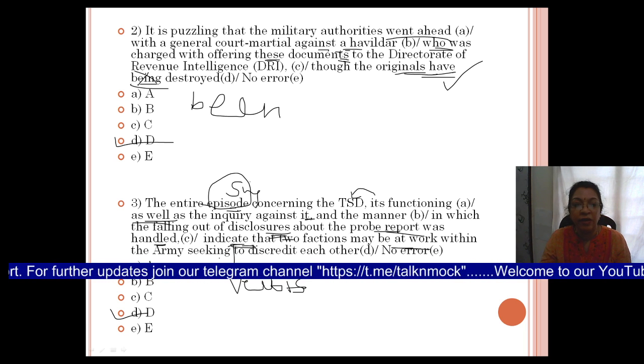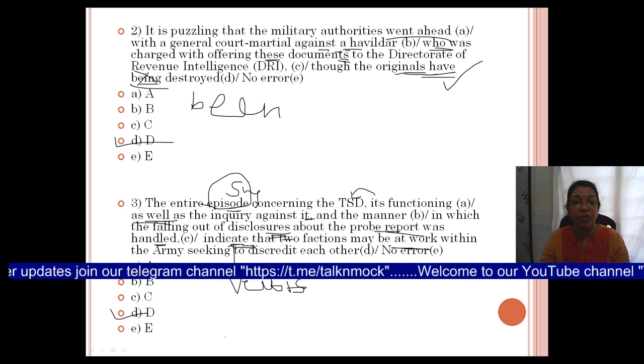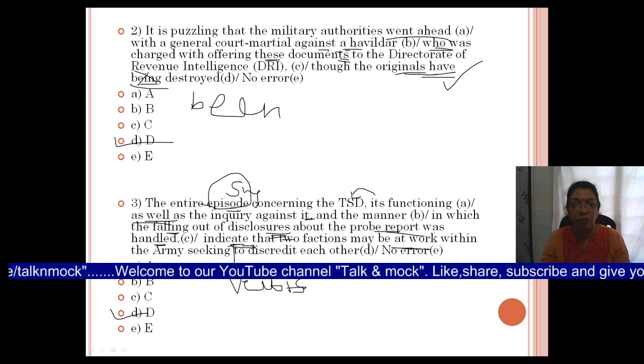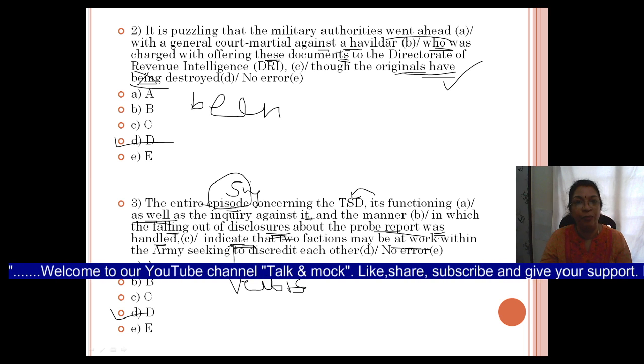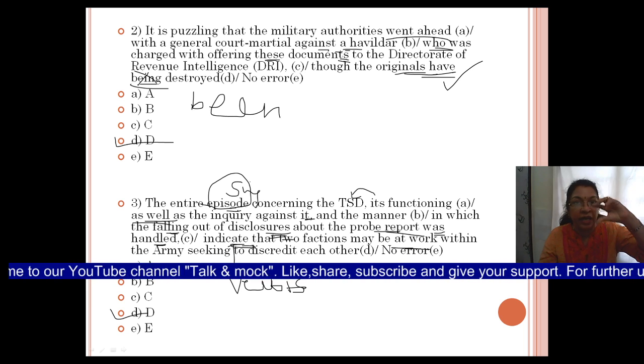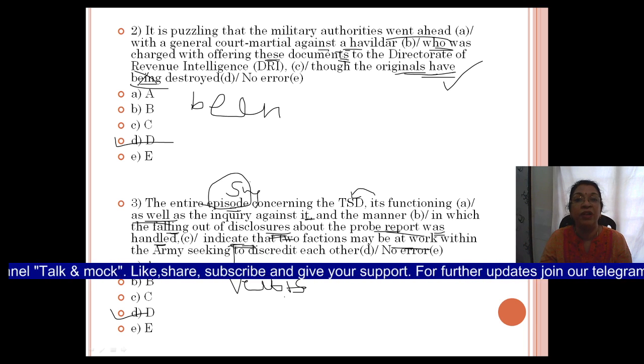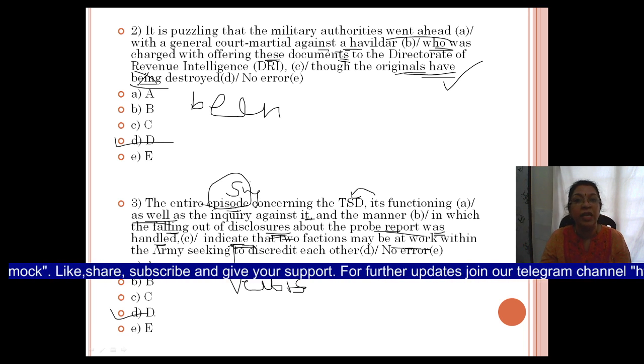In the falling out of disclosures about the probe report was handled, the falling out is the subject and was is the verb for that. But the main subject is the entire episode, and indicate is the main verb, so it should be indicates. So that is the error.